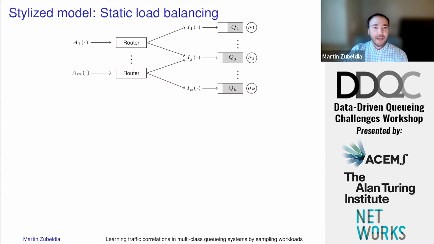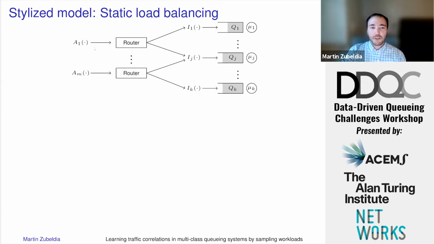So a very stylized model of the problem that they have is of static load balancing. On one hand, we have the data center. So you have a bunch of servers, K servers in this case, with possibly different processing rates, and each one with their own queue. And on the other hand, we have work of different types arriving to the network and needing to be serviced by one of the servers.